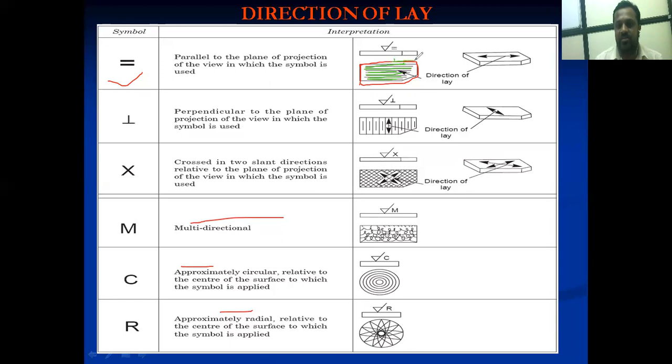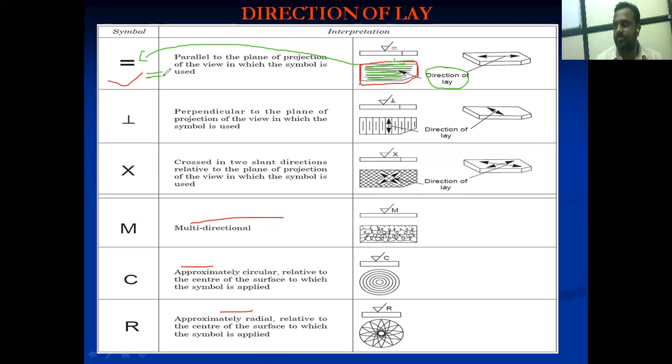The irregularities will be parallel to it. If such a direction of lay, a parallel direction of lay, is there, we show it with the help of this symbol. We just have to draw two parallel lines.